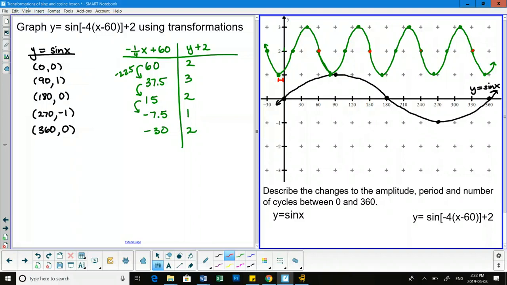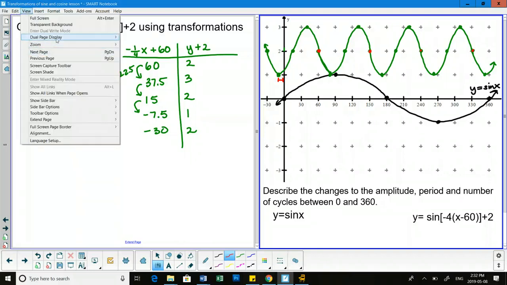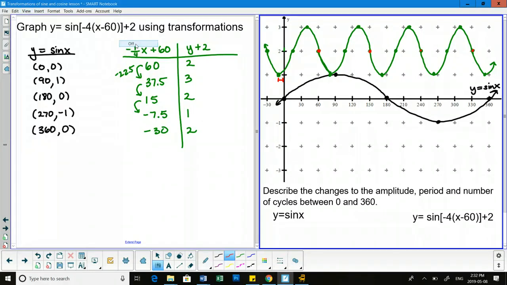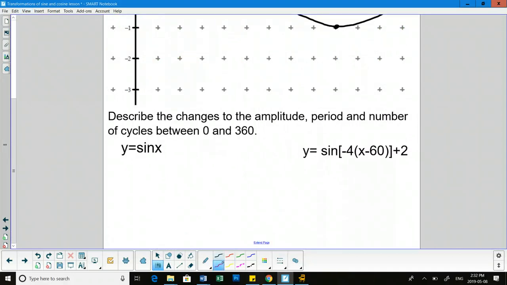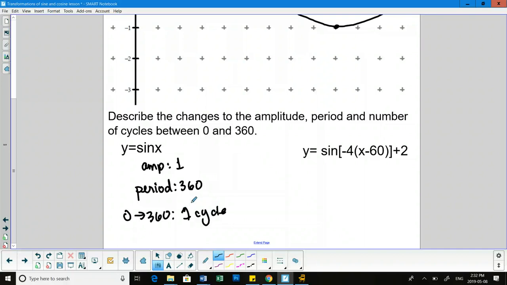The last thing is just to describe the changes of what's happened with our graph. So let's take a look at that. As we said before, the amplitude of the regular sine graph was 1, period is 360, and one cycle fits between. Our new graph, what's the amplitude of our new graph?